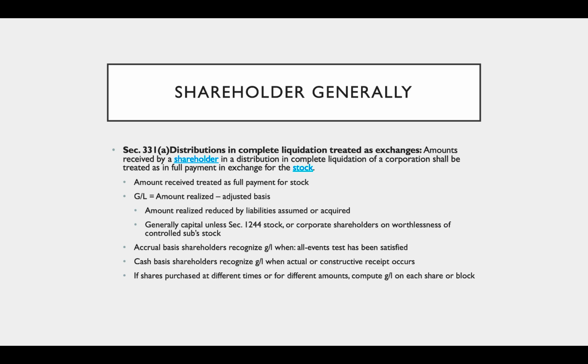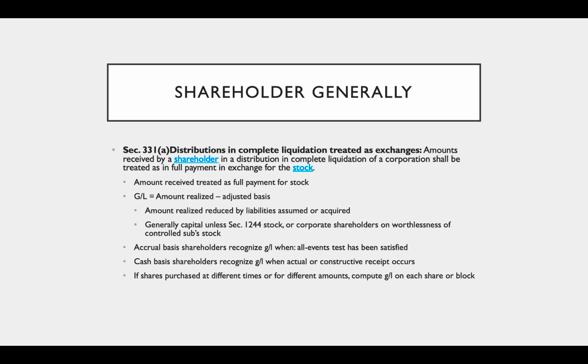Section 1244 changes the general rule of treating the gains and losses as capital gains and losses in the event of small business stock that's sold at a loss. So thinking back to 1244, we covered it in a previous chapter. If you are a single person and you own Section 1244 small business stock, you can treat up to $50,000 of losses from that stock as an ordinary loss, which we like because remember, ordinary losses can be deducted against ordinary income, whereas capital losses can only be deducted against capital income.